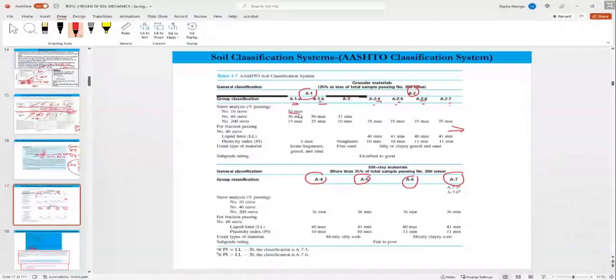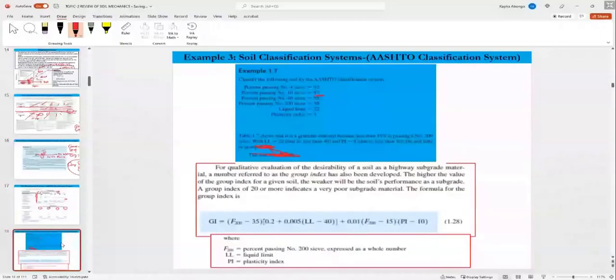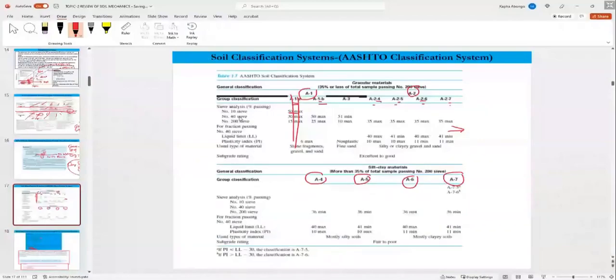So it doesn't qualify, so we get that out. Let's go into A3. Sieve number 40, 50% maximum passing. All right, let's see. Sieve number 40, 65%. So sieve number 40, it's 50% maximum. It does not qualify.